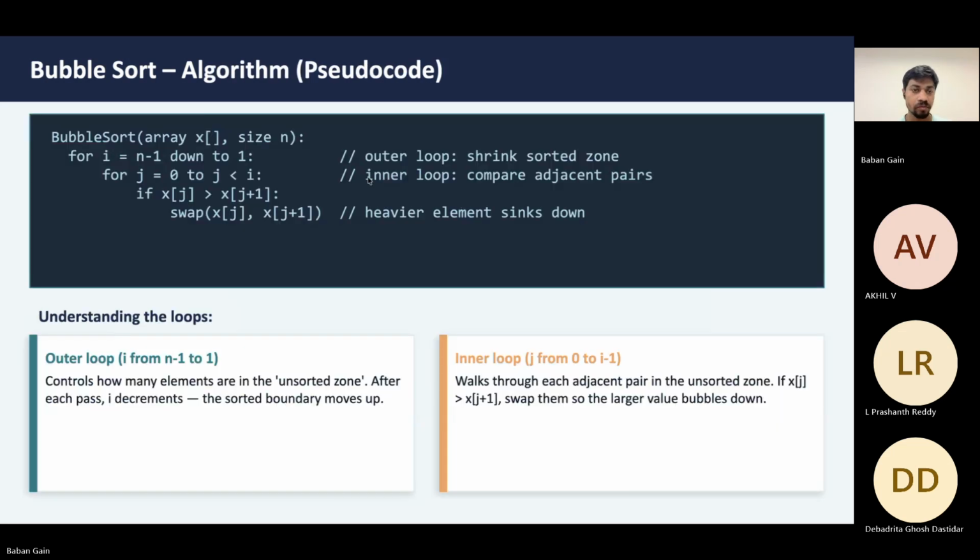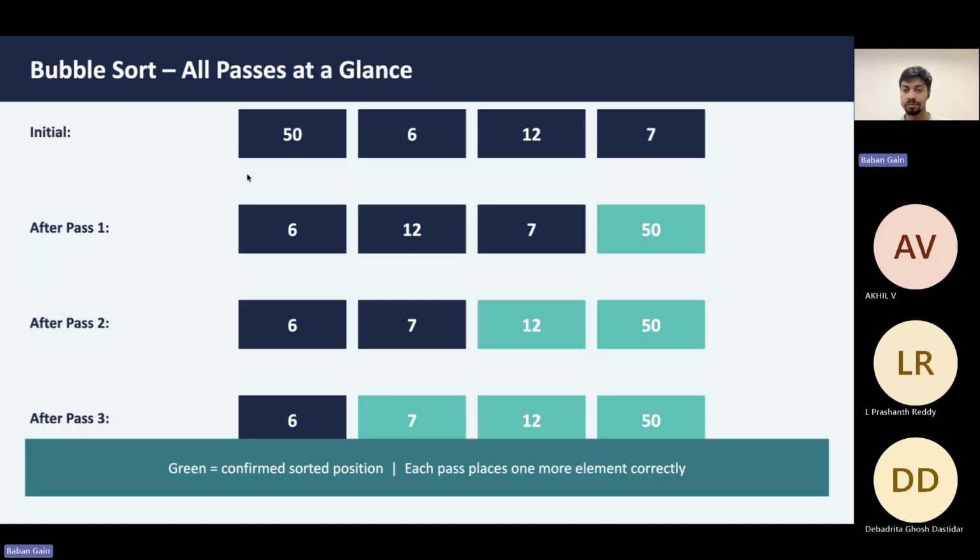And j equal to 0 while j is less than i. So we run an outer loop, and an inner loop. Let's say initially n is 4 here. So we run a loop from 3 to 1 and another loop from 0 to 3, like this.